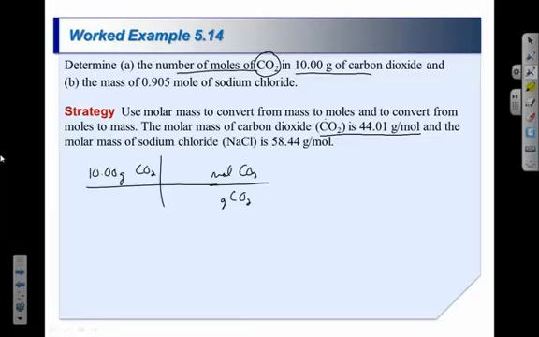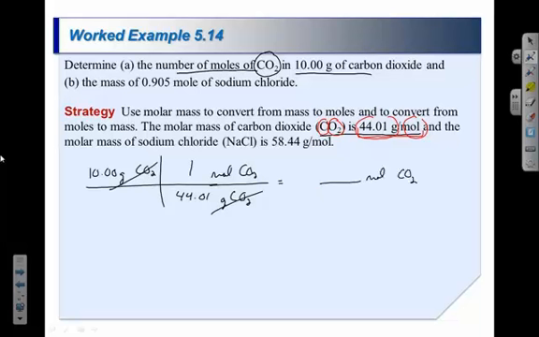So I'll take the mass of 1 carbon, 12.01, and add that to the mass of oxygen multiplied by 2, which is 16 times 2. Add that all together, I get 44.01. That's the number of grams of CO2 equal to 1 mole of CO2. Then I just divide. 10 divided by 44.01 will give me my answer in moles of CO2.